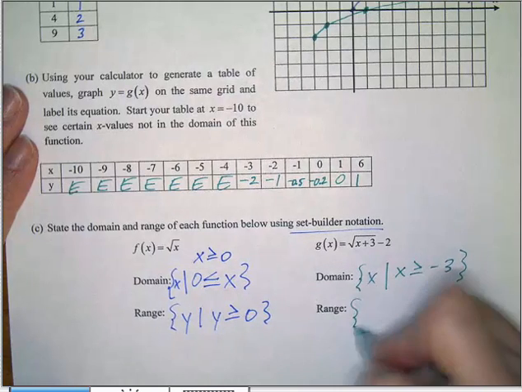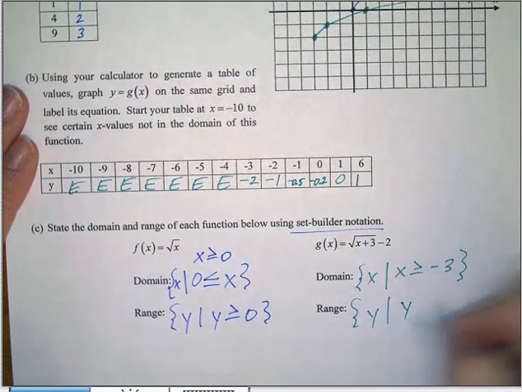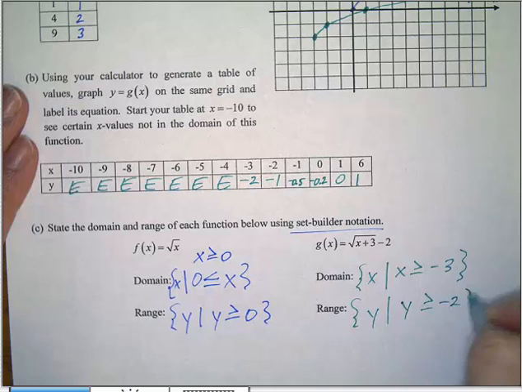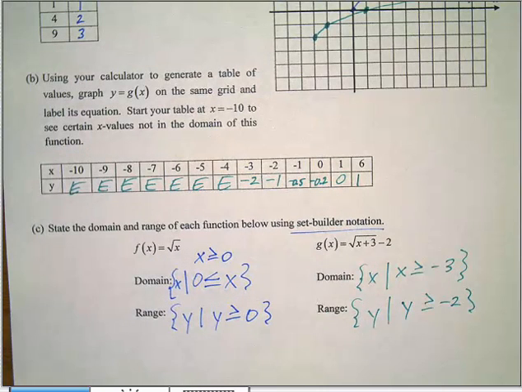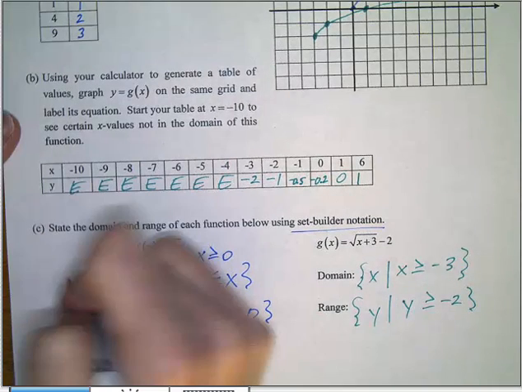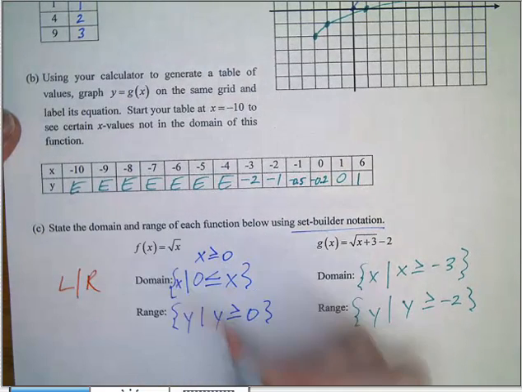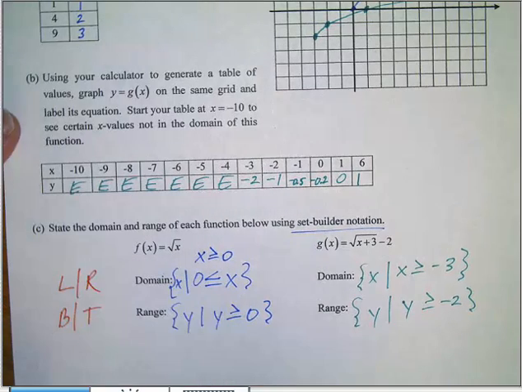So y such that y is greater than or equal to negative 2. And hopefully you can see that by the graph. Remember, domain is left to right, range is bottom to top. Right? And when there's arrows, that means you probably have infinities in there somewhere. All right, next question.